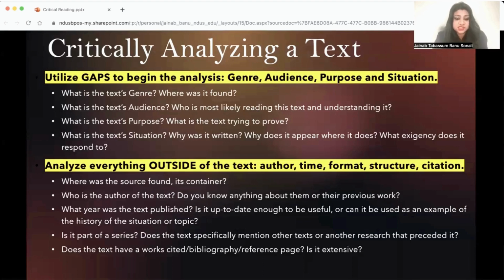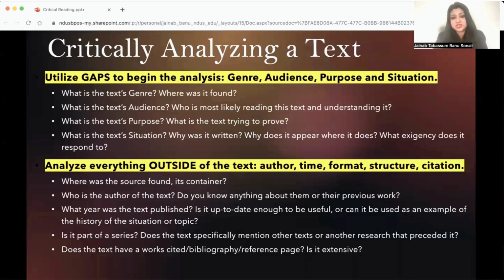What year was the text published? This is also important because sometimes we do research works but take really outdated sources which do not add that much value. If you are working on any historical topic, then I think outdated sources can also add value to it.